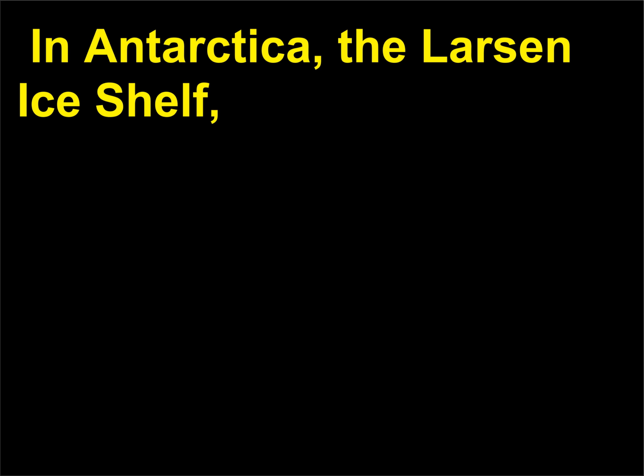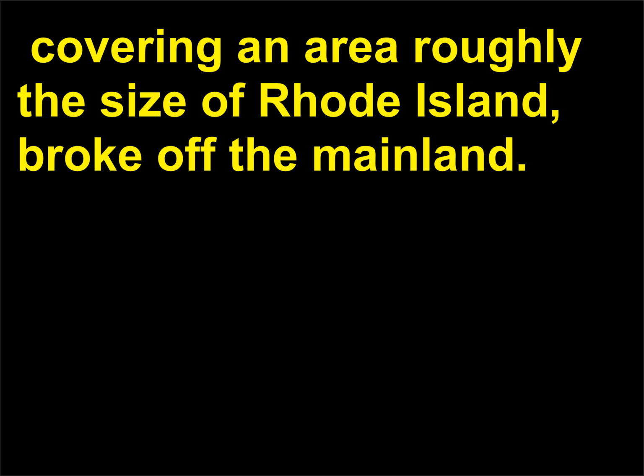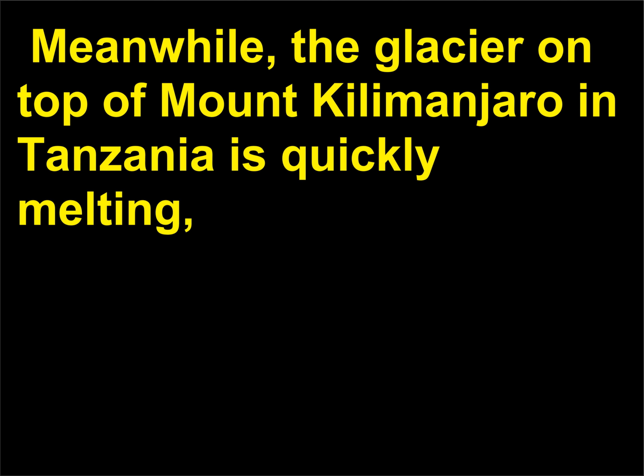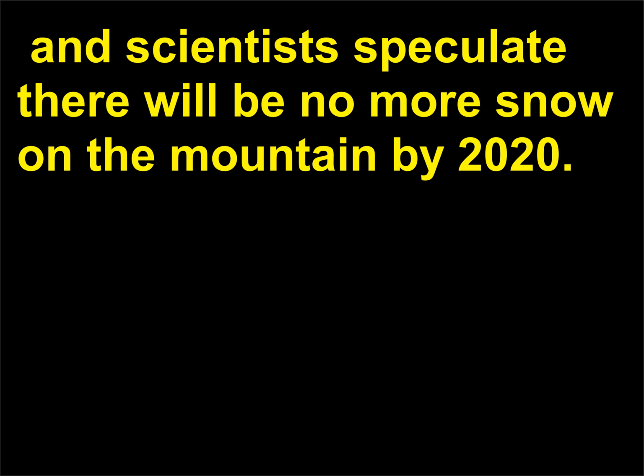In Antarctica, the Larsen ice shelf, covering an area roughly the size of Rhode Island, broke off the mainland. Meanwhile, the glacier on top of Mount Kilimanjaro in Tanzania is quickly melting. And scientists speculate there will be no more snow on the mountain by 2020.